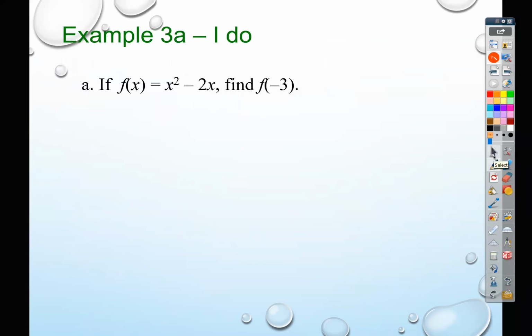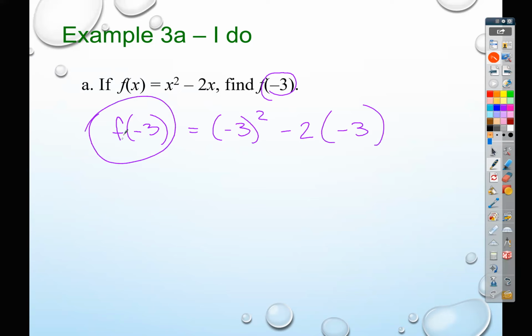All right, if f of x, it's not fx, it's f of x equals x squared minus 2x, find f of -3. All you do is you plug -3 in for every x. So you're just going to go -3 squared minus 2 times -3. This is just kind of like what you're doing.